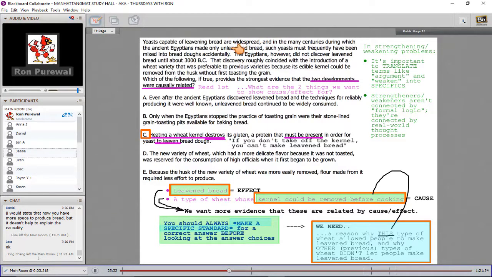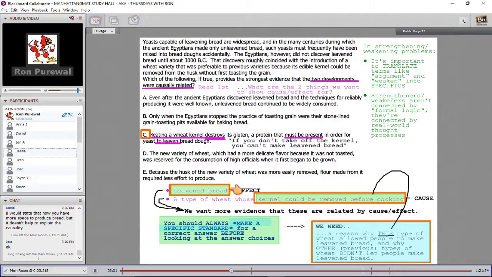They made bread for a long time that was unleavened, whatever leavened means. And then they discovered how to make this stuff later. So that's the point. Again, you don't even have to know what the words mean, but the entire argument is about this type of bread. And choice B still has nothing to do with this type of bread.